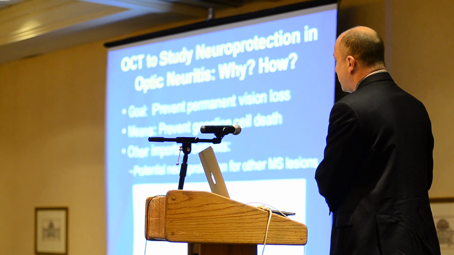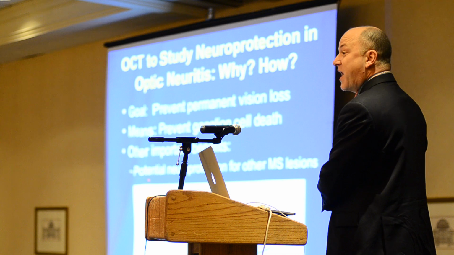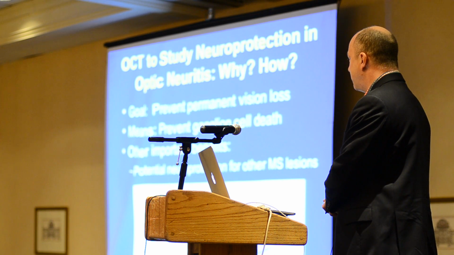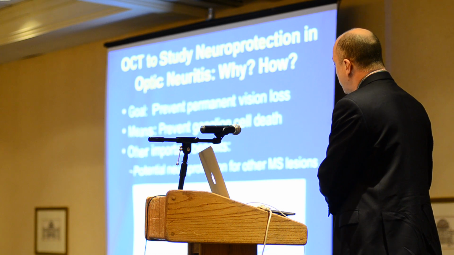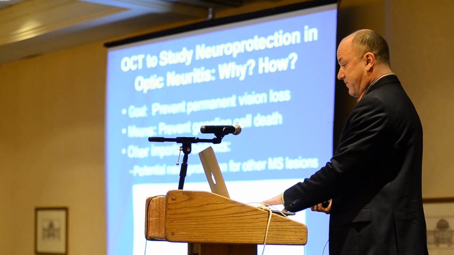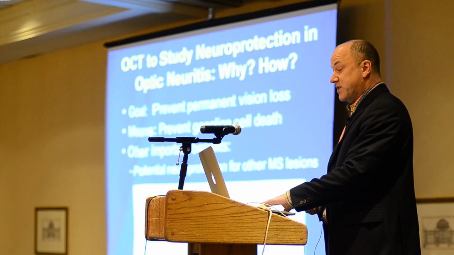The gap here between these two lines is the amount of nerve cells that are being protected at any one point in time. Because sooner or later, once you hit a bottom line of ganglion cell loss, you get vision impairment. So what is neuroprotection like?